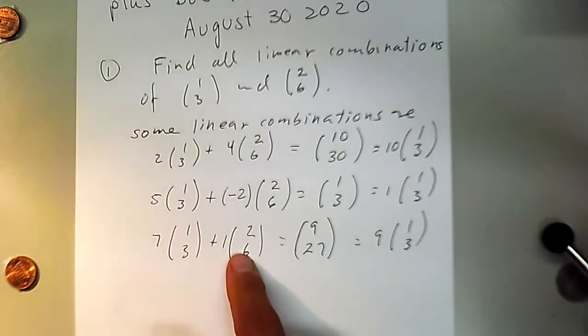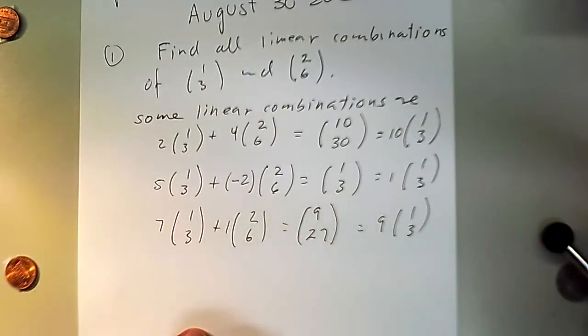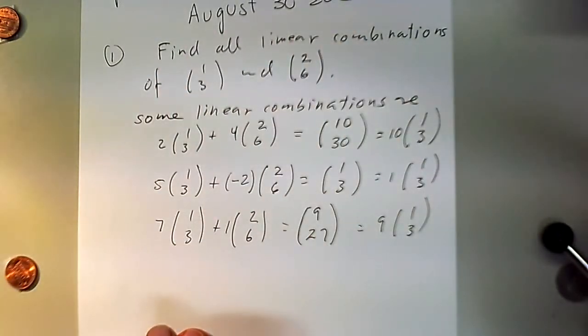So when you have two vectors and we ask for the set of all the linear combinations of those two vectors, that doesn't necessarily mean that we're going to generate all of the plane, as we did in one of the examples in the last video when we had 2, 5.